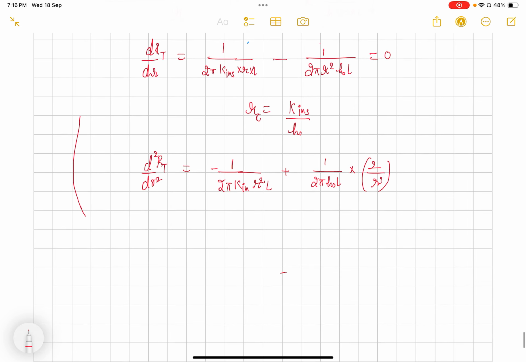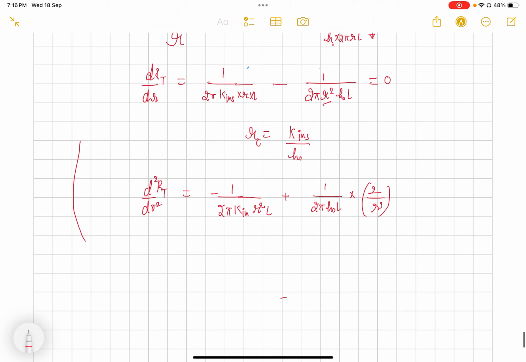One more minus comes because of the differentiation of this; its differentiation will be minus 2 over R cube, right?